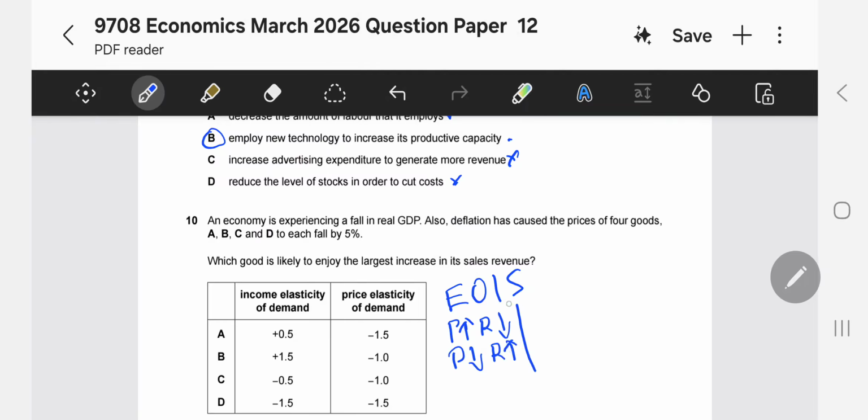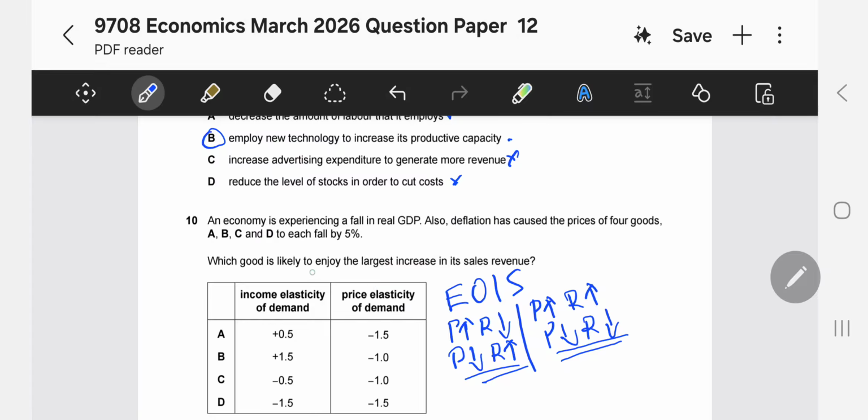And when the PED of the good is inelastic, when the price increases, the revenue increases, and when the price decreases, the revenue decreases. So when the PED is elastic, it's opposite. And when the PED is inelastic, it's the same. Price and revenue go the same way.